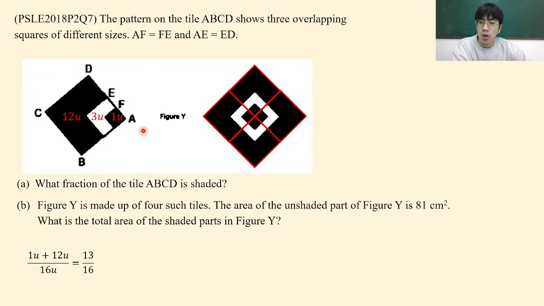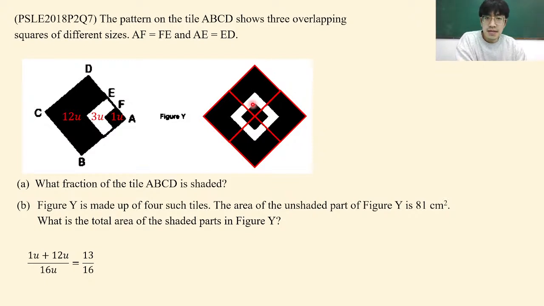Let's see. Before this, when we were solving the first part of this question, we concluded that this small square to the right of a tile is 1 unit, and this blank space is 3 units out of the total 16 units. So if you're just focusing on one of these 4 tiles, this blank space actually consists of 3 units of the total 16 units.